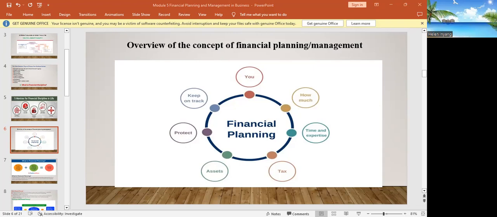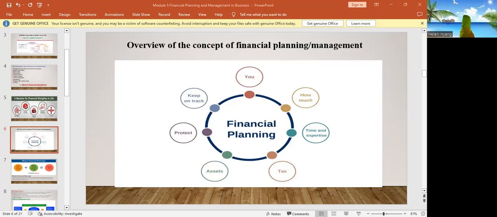Everyone is financially unique. Financial planning needs to be tailored to you. You are financially unique.